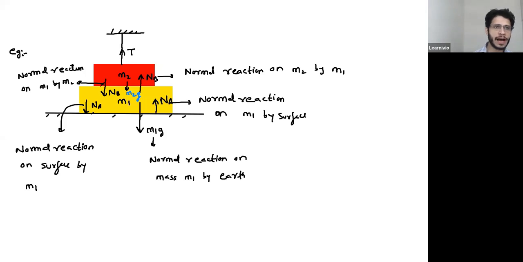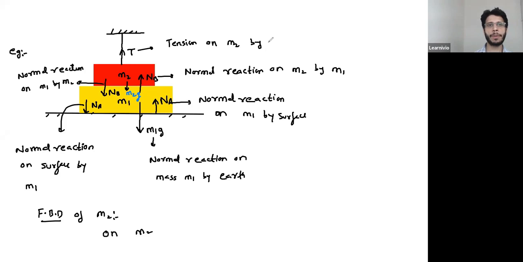Okay, now if I ask you to make FBD of, let's say, M2. Just count the forces which are acting on M2, not by M2. T is tension on M2 by string.